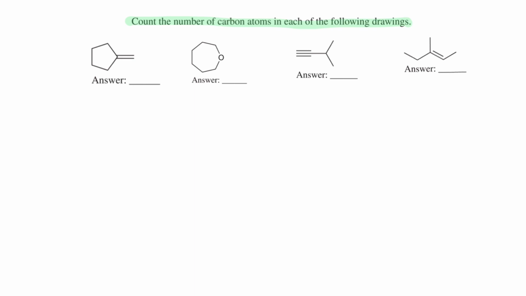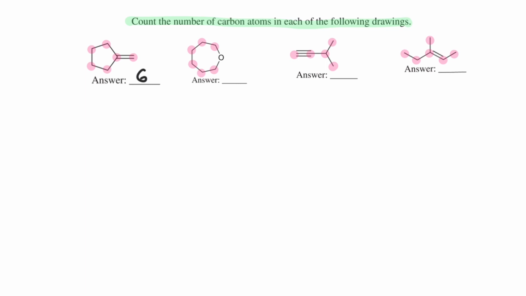Now, the question is to count the number of carbon atoms in each of the following drawings. In this given compound, we have to count the number of carbon atoms. Four molecules are given here. In the first compound the number of carbon atoms is 1, 2, 3, 4, 5, 6, so the answer is 6.